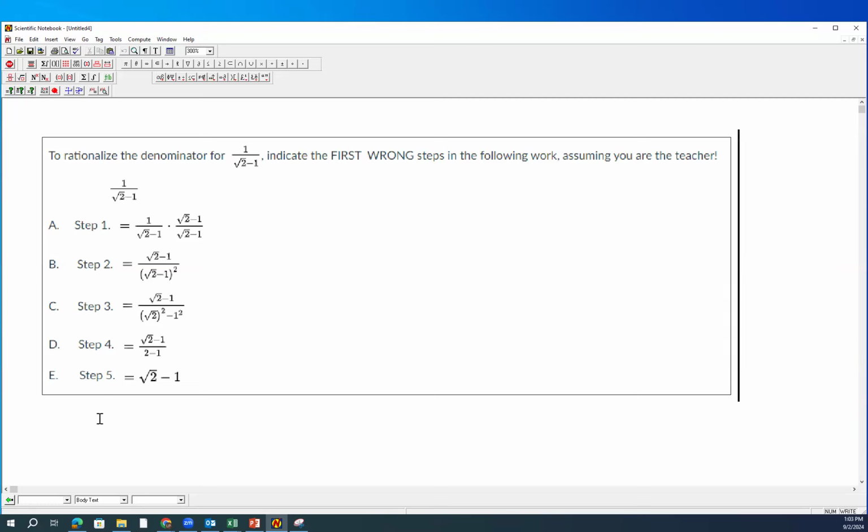Okay, so let me put it on the side so I can explain it to you, and so I can type it. Okay, so √2 minus 1. So this student multiplied something like this.